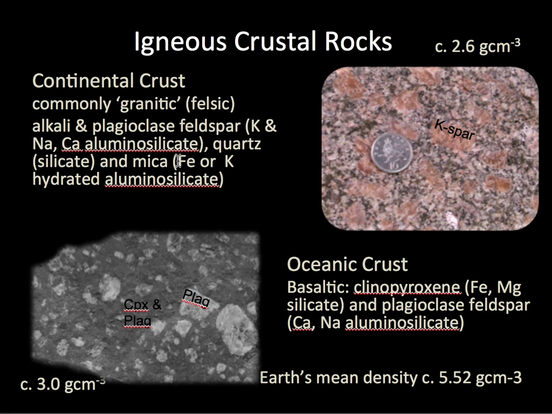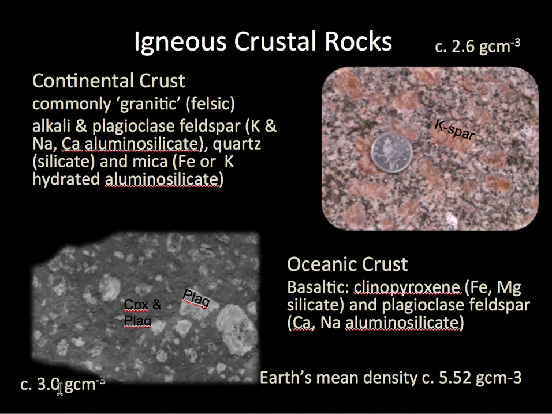You might get a sniff of iron up here, but not much. So immediately you're thinking, well, okay, if these are the minerals in basaltic ocean crust, then it should be heavier. It should be more dense. And it is. It's 3 grams per cubic centimetre as opposed to 2.6 grams per cubic centimetre for the granitic rock. And these are averages, don't forget.